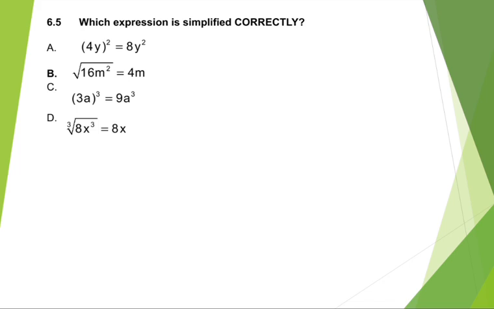That's correct, because the square root of 16 multiplied by the square root of m squared is equal to 4m. Then this one, 3a in brackets, cubed is 27a cubed. It's not 9a cubed. That's wrong. The cube root of 8x cubed is not 8x. It's 2x. So the correct option is B.